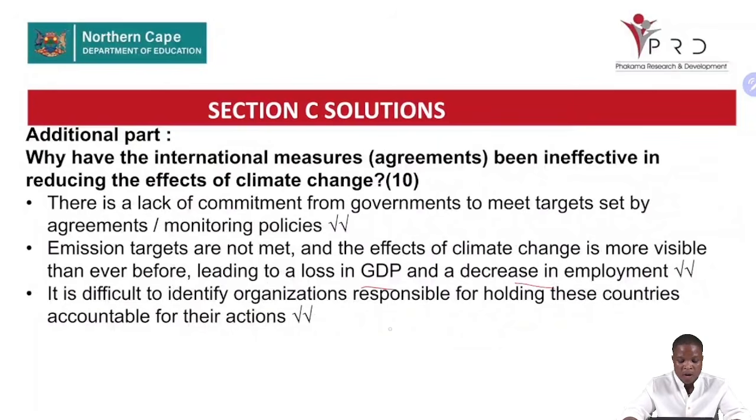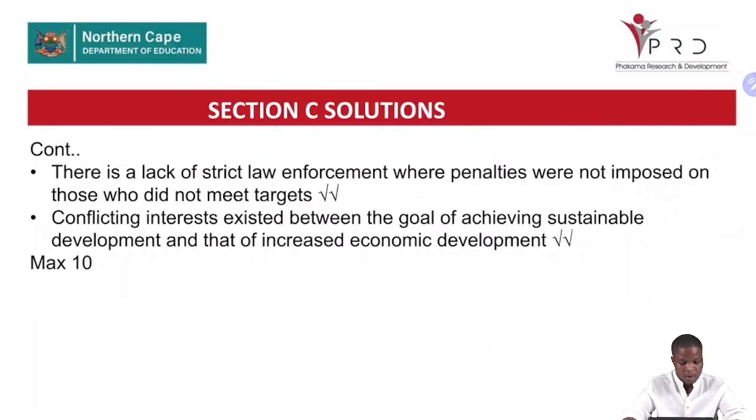Sometimes it's difficult within a country to really point out that this organization is the one that is polluting more. There is a lack of strict law enforcement where penalties were not imposed on those who did not meet the targets. So there are rules there, but then there's no strict monitoring of that. People are being charged if they are exceeding the limits.